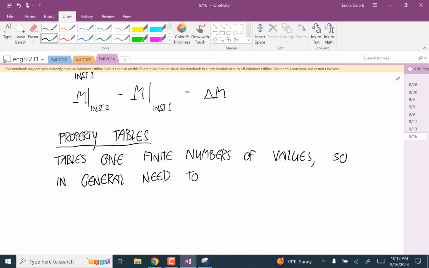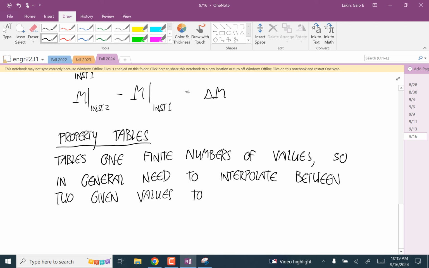Okay, so in general, you need to interpolate between two given values to estimate the desired value.